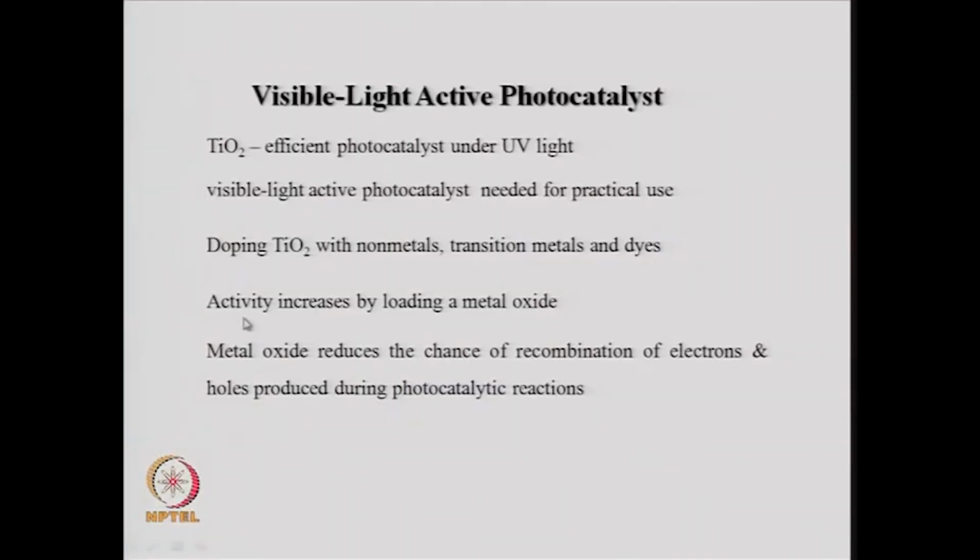You can also increase the activity of the catalyst by loading a metal oxide, and we will see examples of these. The metal oxide typically reduces the chance of recombination of the electrons and holes which are produced during the photocatalytic reactions.